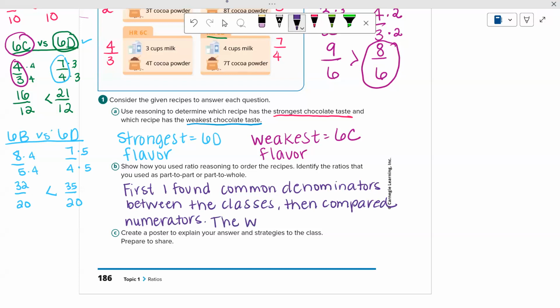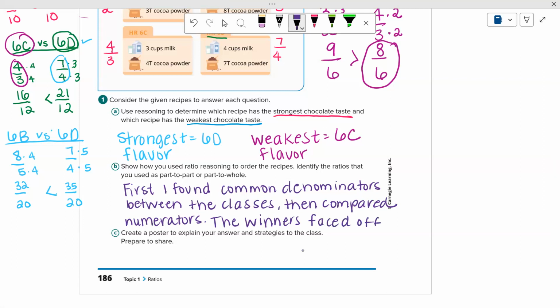The winners faced off, right? The winners faced off against each other. The winners faced off for the strongest.